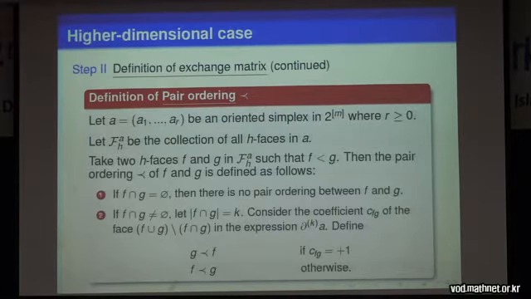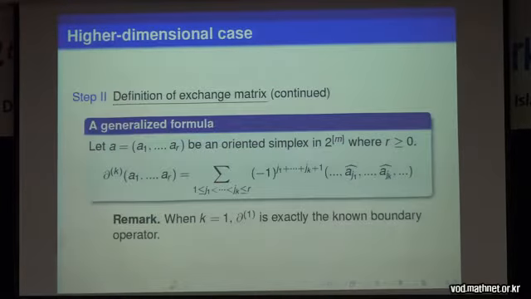You can consider all the faces, and you need to give the pair ordering for each pair. For this definition, we need this formula.